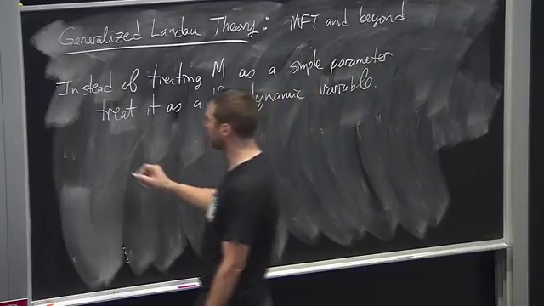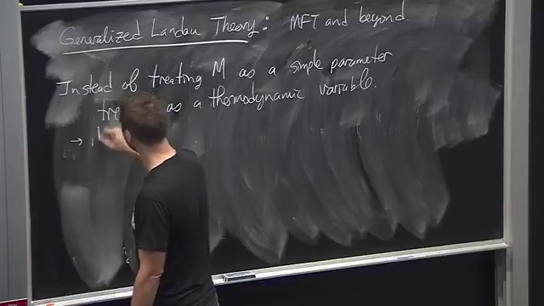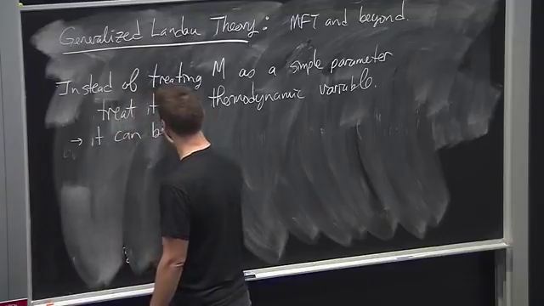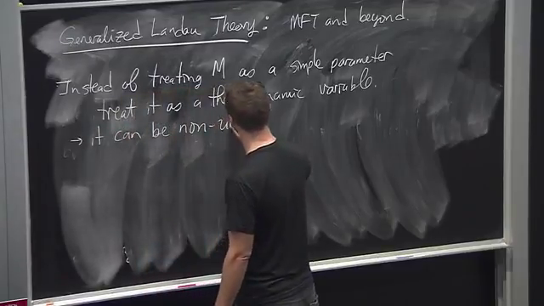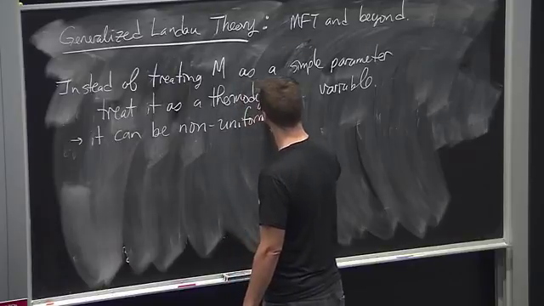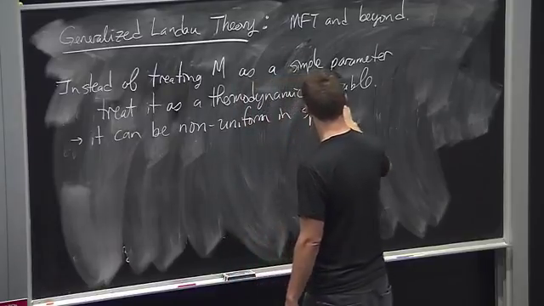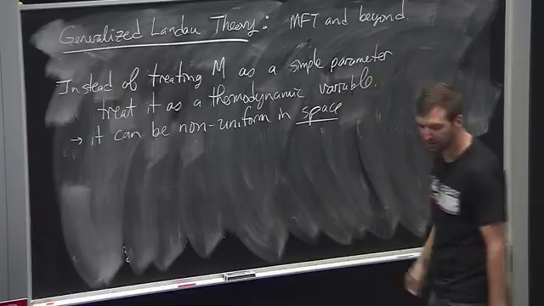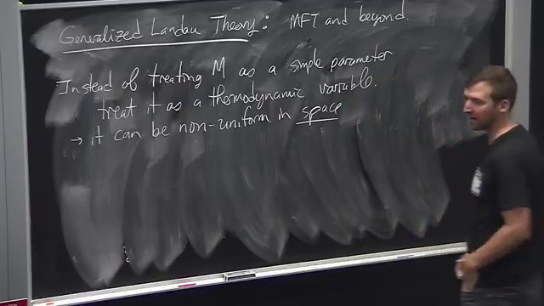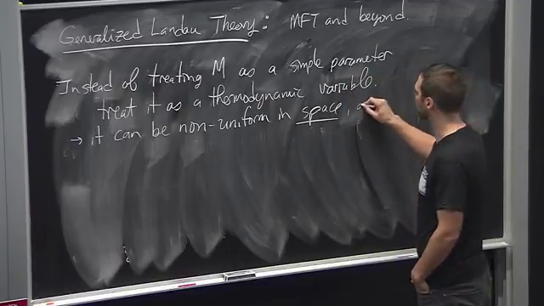So in particular, it can be non-uniform in space. And it can also, I guess, have thermal fluctuations.